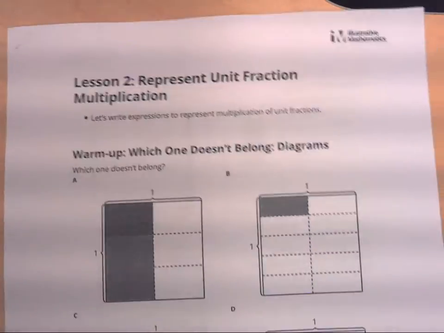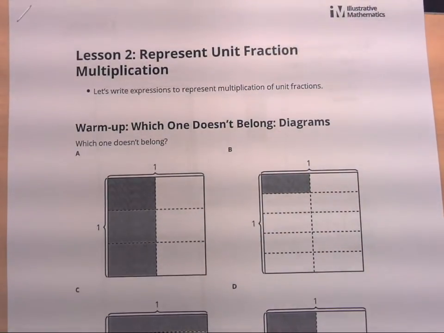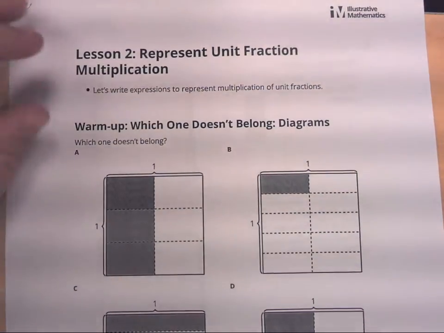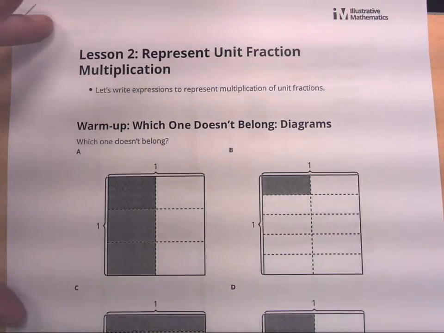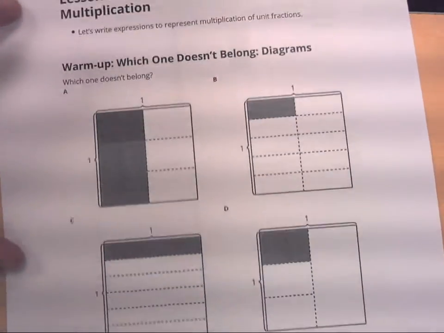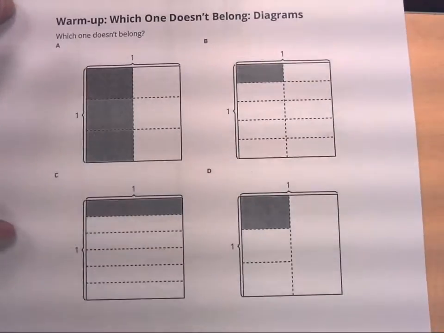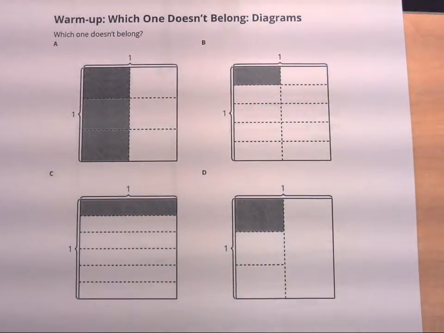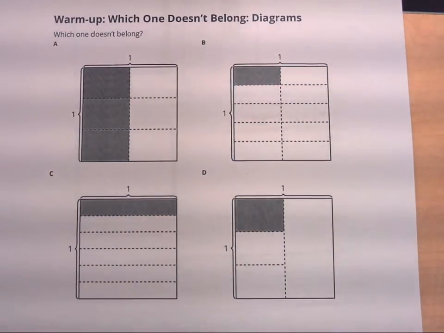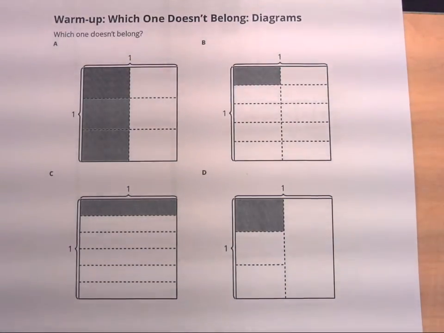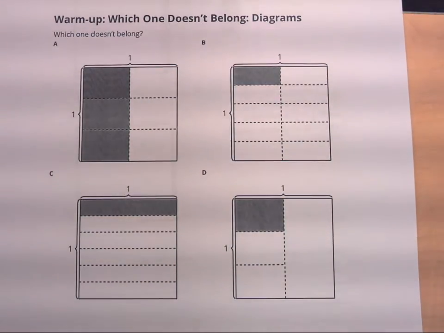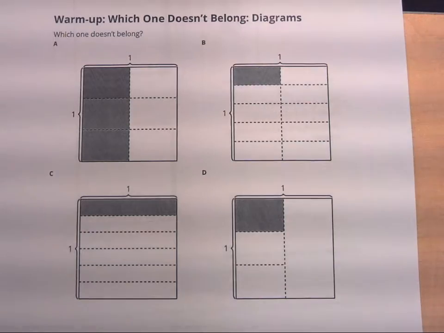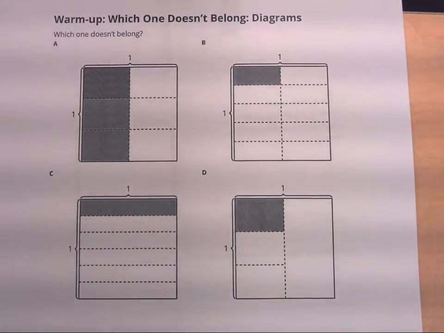So the very first thing that students saw when they walked in today was a picture of these 4 diagrams. And they were challenged to come up with at least one reason why each of the 4 diagrams stood out or didn't belong with the rest.